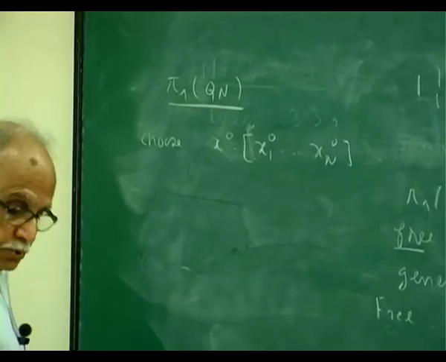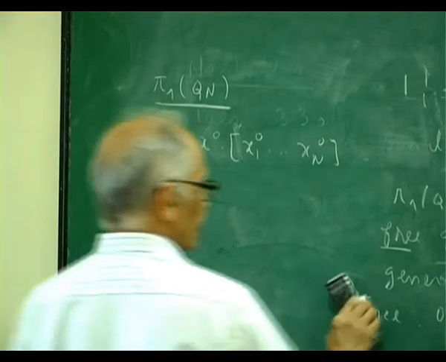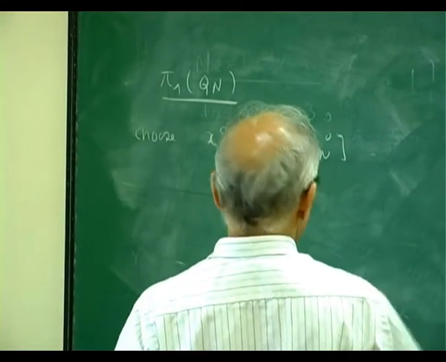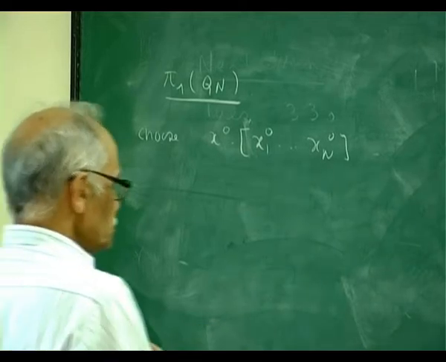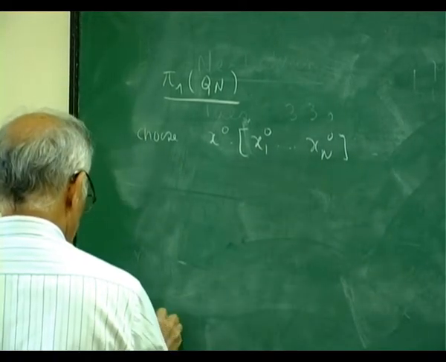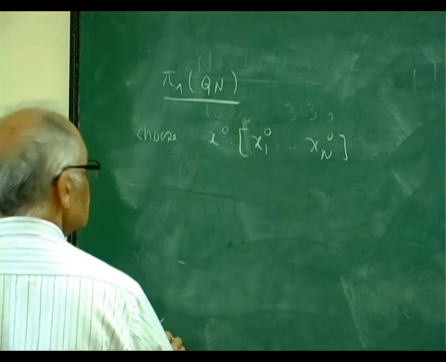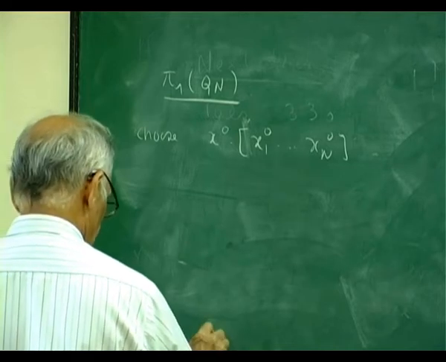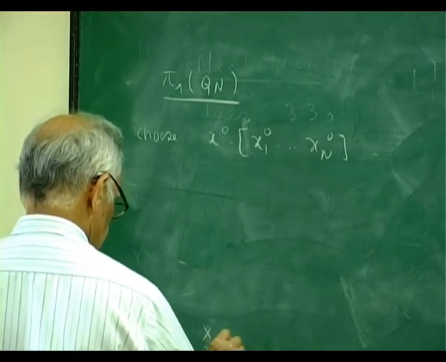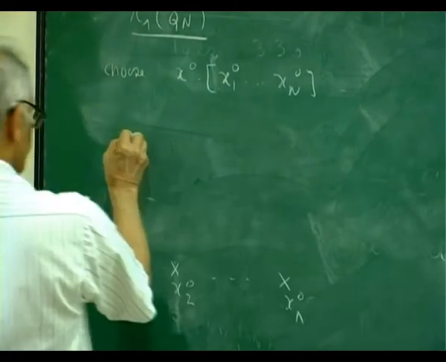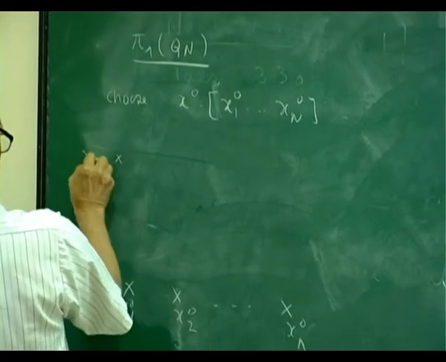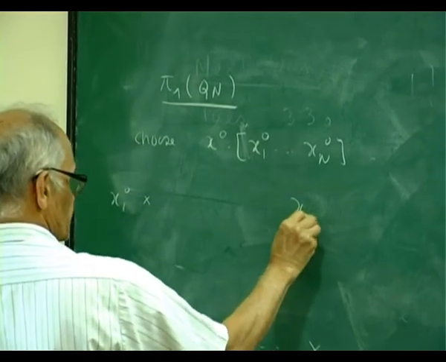I choose in 3 dimensions, 3 or higher, x1 0, up to xn 0, and here I have the same points x1 0 up to xn 0. Okay.